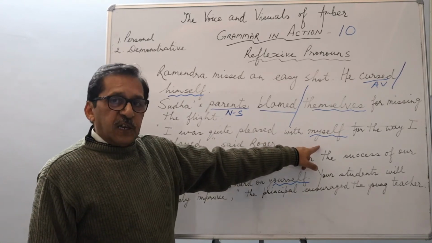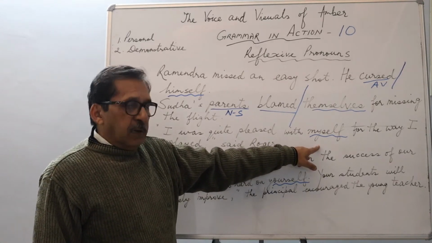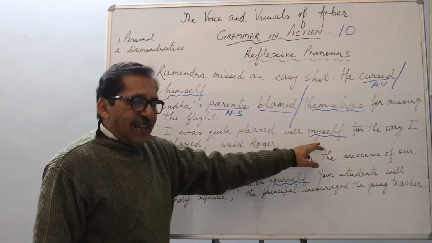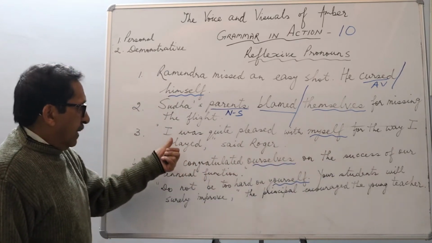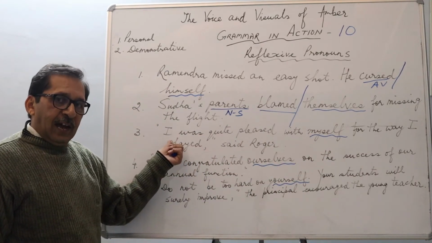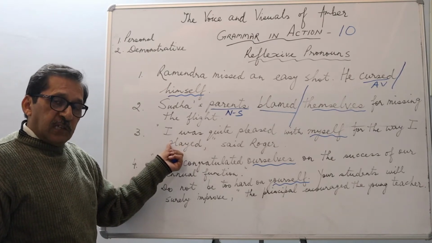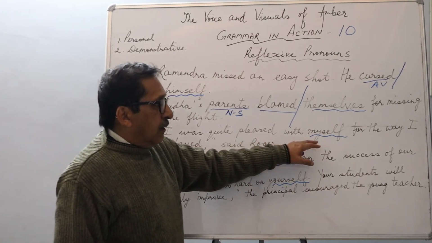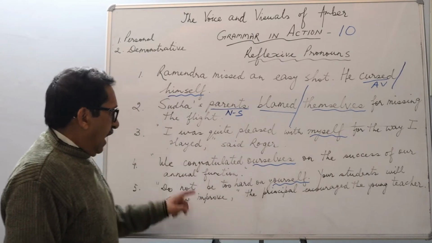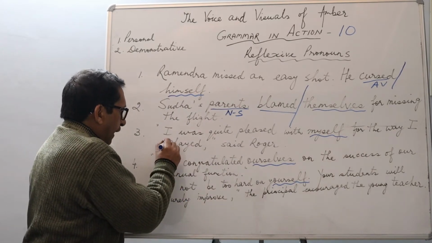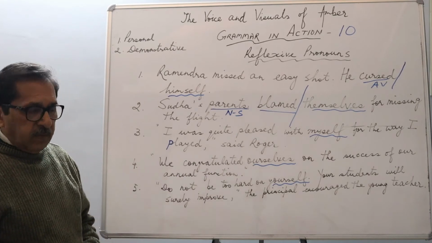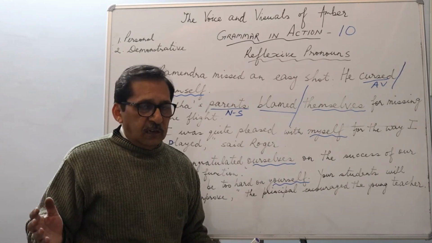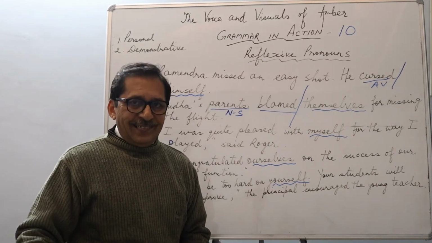Now let's see the first person singular reflexive pronoun, that is myself. Obviously, if it is myself as the reflexive pronoun, then the subject has to be I, the first person personal pronoun in the singular number. I was quite pleased with myself for the way I played, said Roger. So Roger Federer played a match. Maybe he won it, maybe he lost it, but he was happy with the way he played at this age.